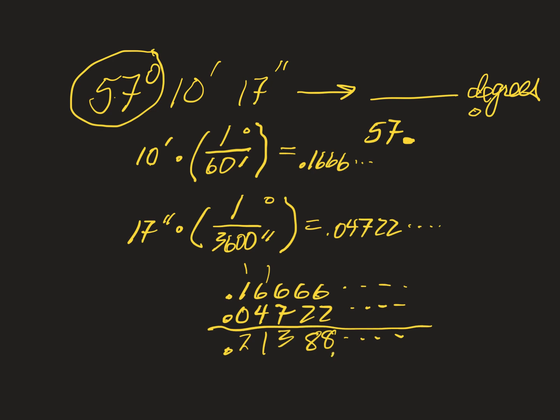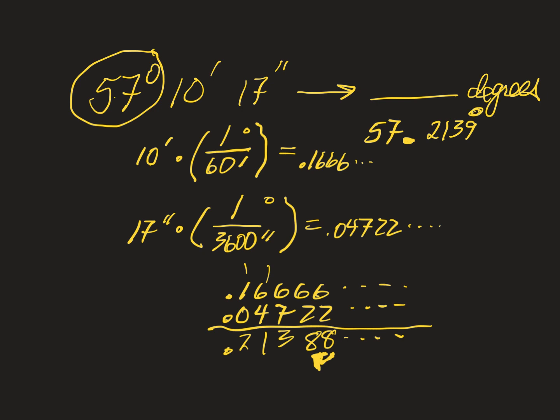0.213, and then we want to round off. Okay? And you can round off to any number of places, but I'm either going to write it as a repeating decimal, or I'm going to round off probably to this digit here. All right? So I'd write 0.2139 degrees.